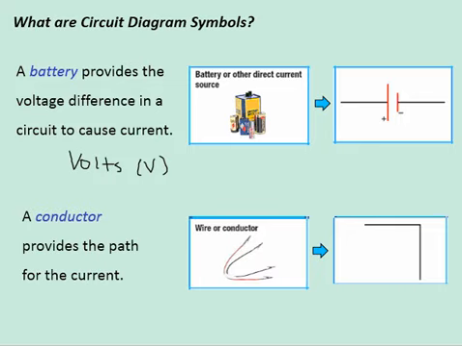Now, even though we really don't have a measurement of the conductor, what we realize is the current flows through the conductor. So usually when we're thinking about that conducting path, we're thinking about current flowing through the path. And remember, current is measured in the units of amperes, or what we call amps, represented with an uppercase A.